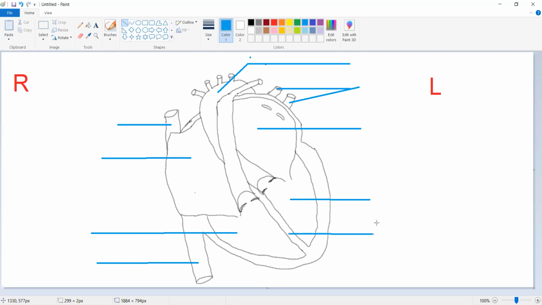Okay, so these are the structures that we would like to label. Okay, to make it look more tidy, we want the lines to look tidy. Okay, now let's start labeling. Superior vena cava.